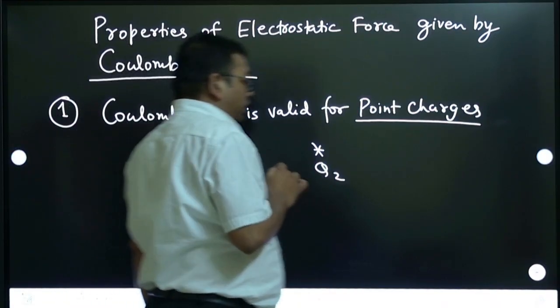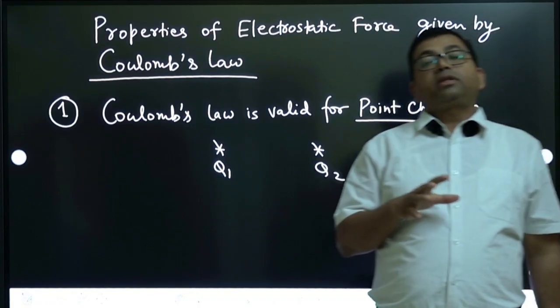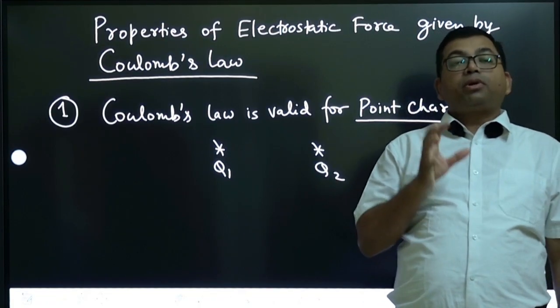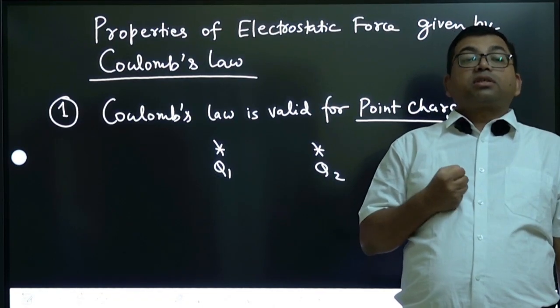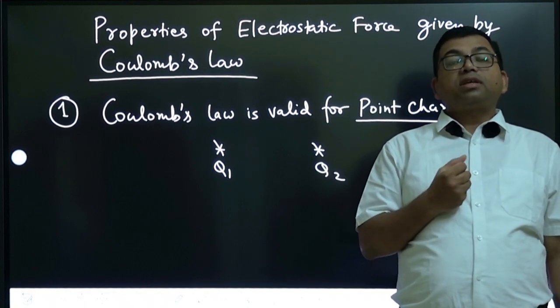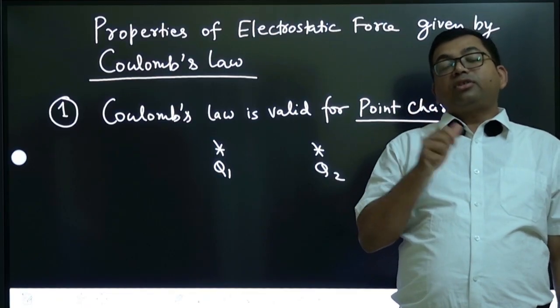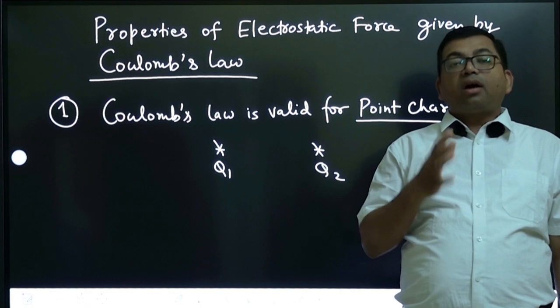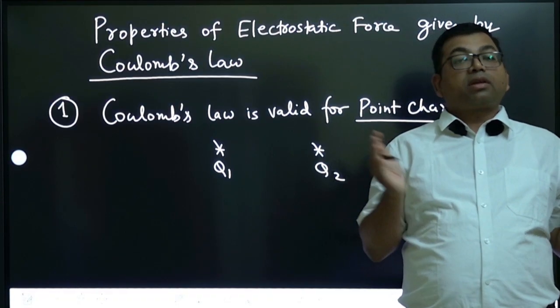Point charges does not mean that charge is a point, but rather charge is a property which belongs to certain objects. So suppose some object is there and it has got some charge. Now the size of the object may be large, but the distance between them can be very, very large.